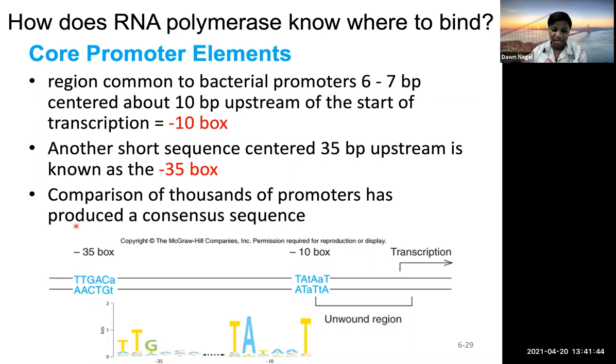And by comparing many thousands of promoters, these sequences that are present here, when you compare them across many different promoters, you can create what we refer to as consensus sequences. If you ever hear anyone talking about consensus sequence, a consensus sequence is determined by comparing multiple similar sequences, okay?